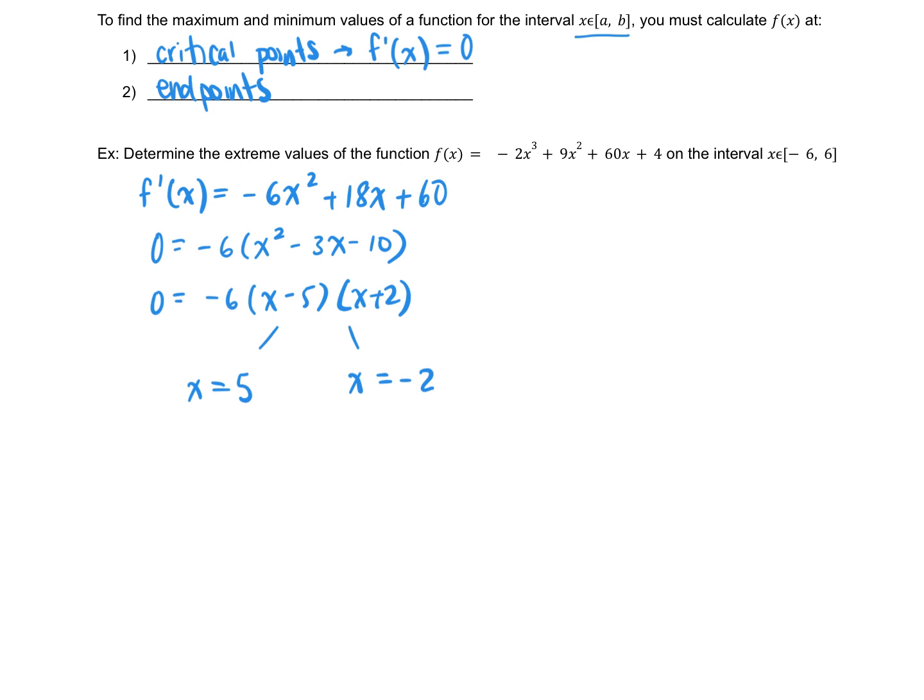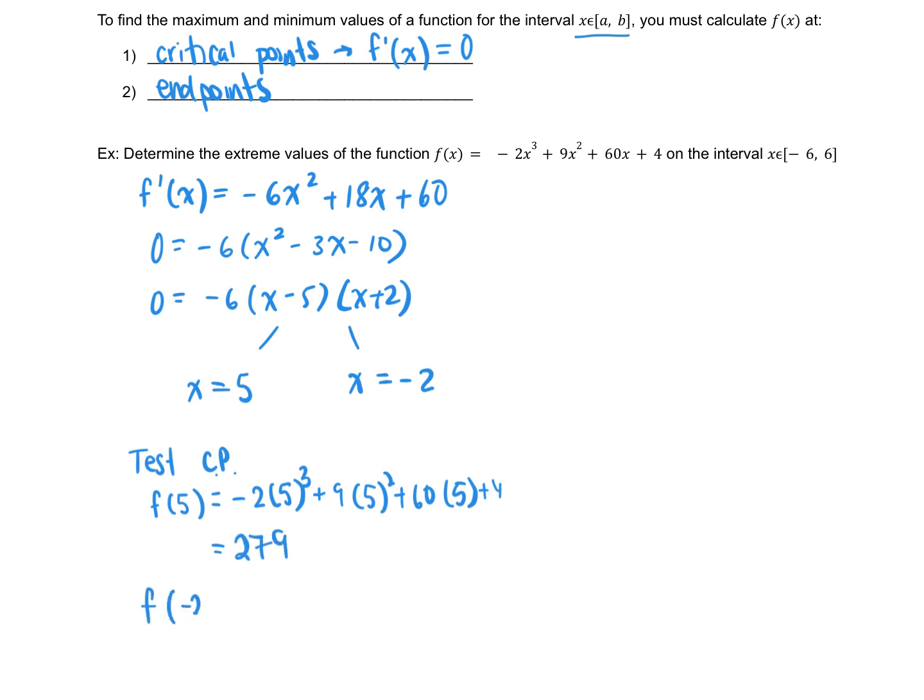So first thing I want to check for are these critical values within the interval. Yes, they are, so I'm not going to cross any of them out. And now I'm going to do my tests. So I'm going to test the critical points. I'll just write CP. So I'm going to evaluate f at 5. So that would mean I'm doing -2 times 5 cubed plus 9 times 5 squared plus 60 times 5 plus 4. And if I punch that into my calculator, I get 279.